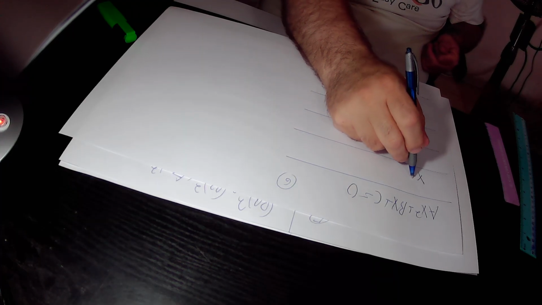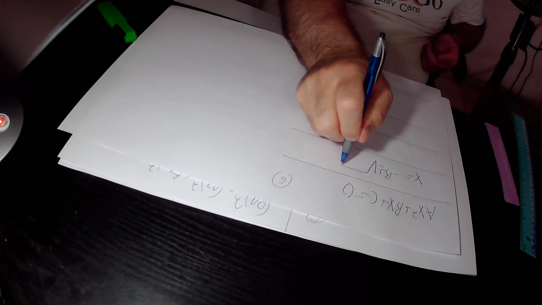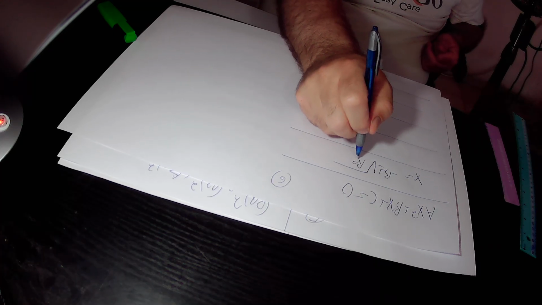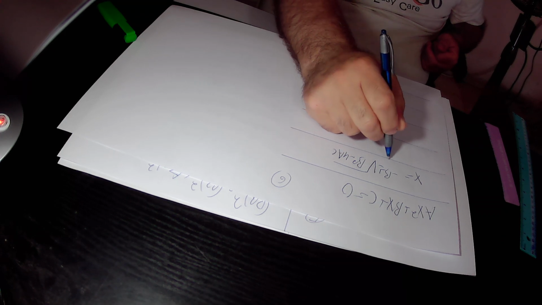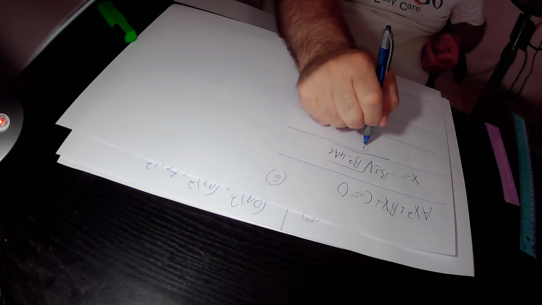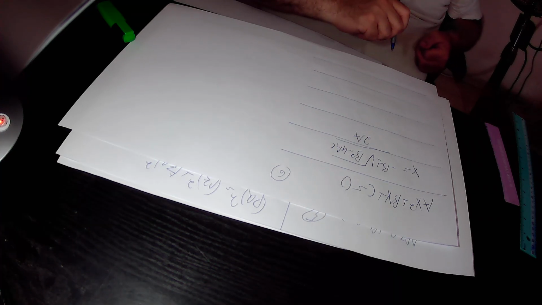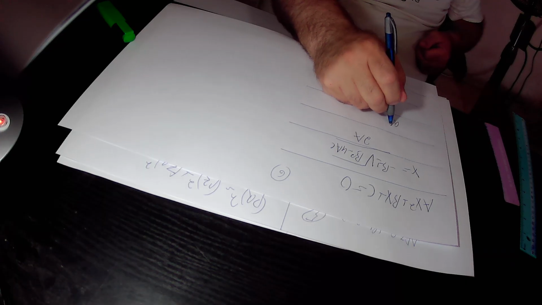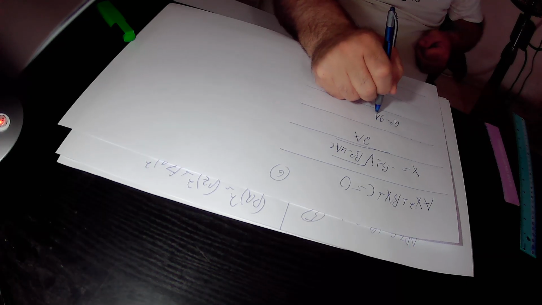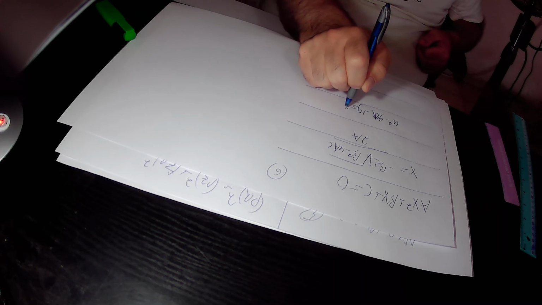x equals minus b plus minus square root of b squared minus 4 times a times c, over 2a. Now a specific quadratic equation, that is to say a squared minus 9a plus 9 equals 0.